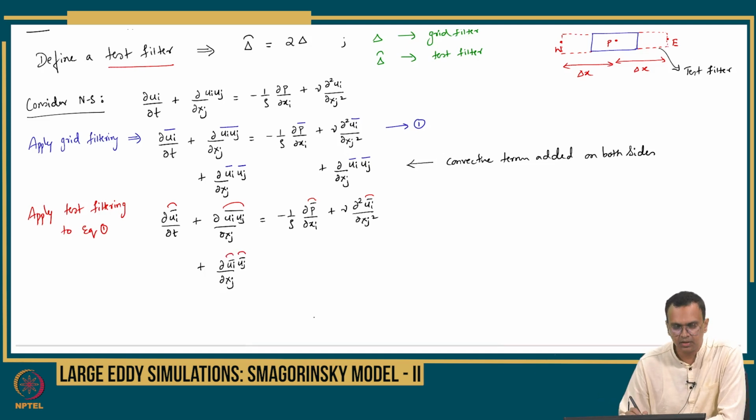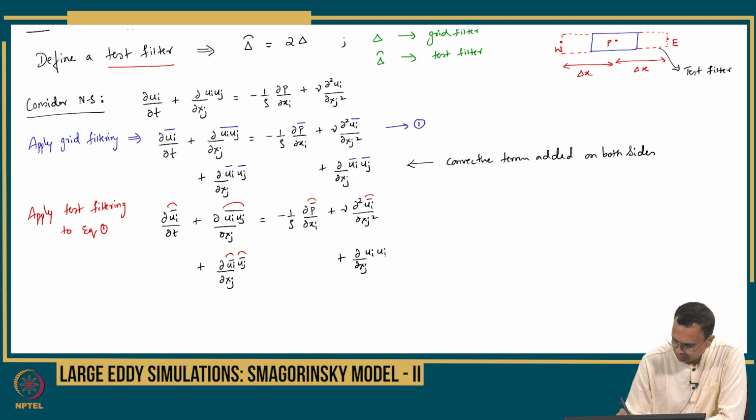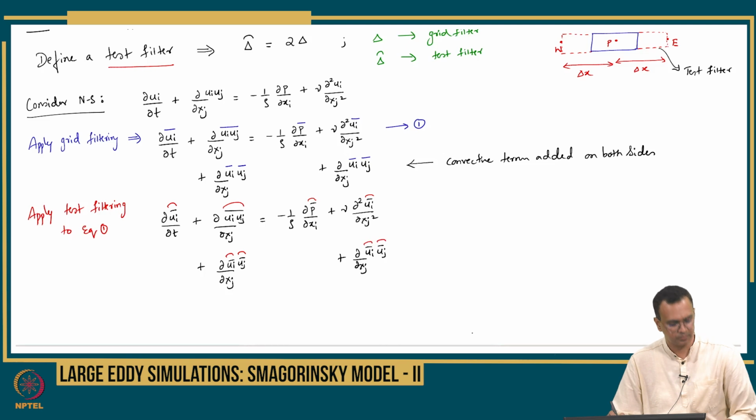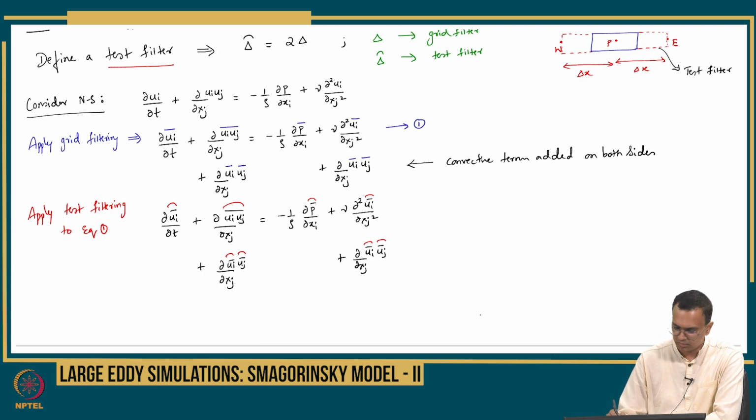We are essentially getting a filtered Navier-Stokes equation at the test level. Okay, the previous one was at the grid level, this is at the test level. So again I add it here, ∂/∂xj of ui uj at the test level. Again, same arguments, convective terms added on both sides.